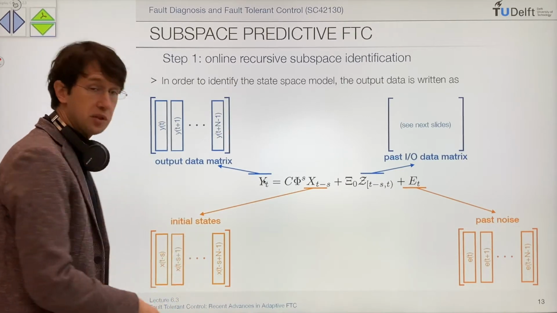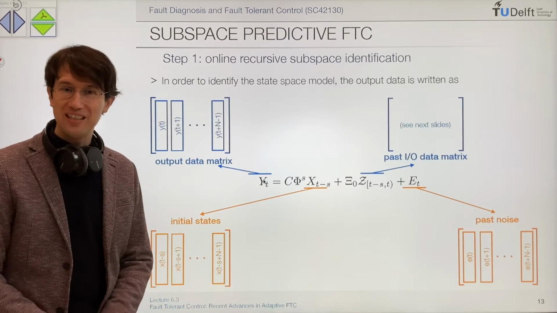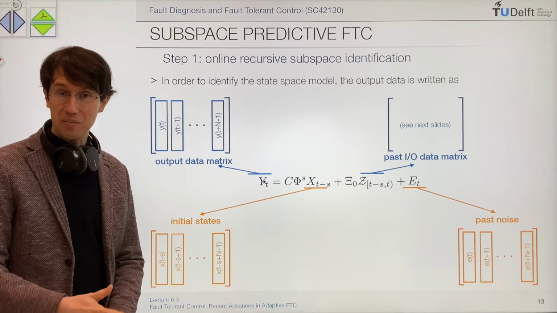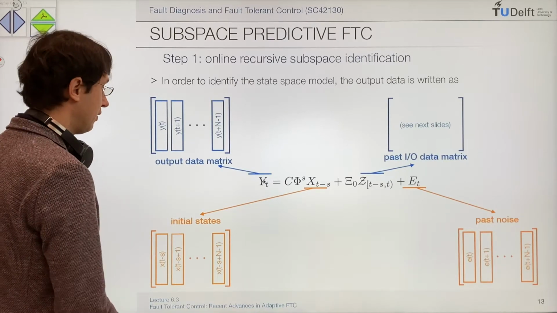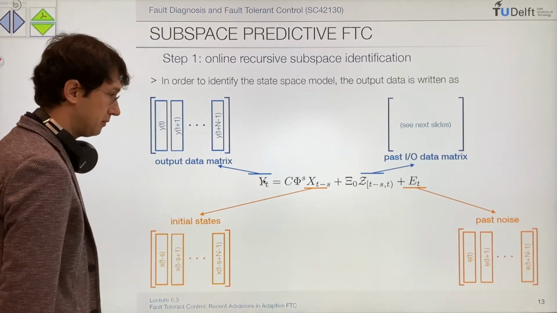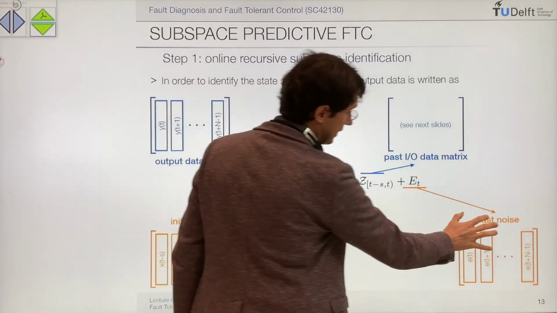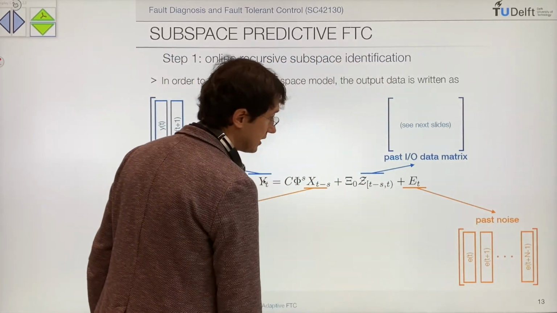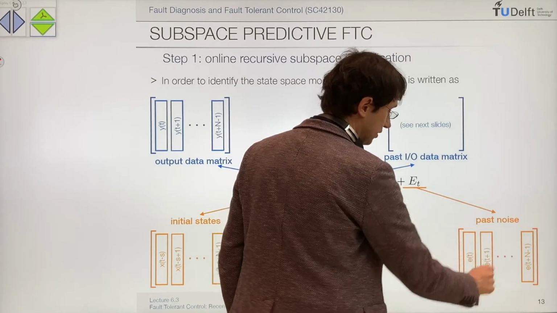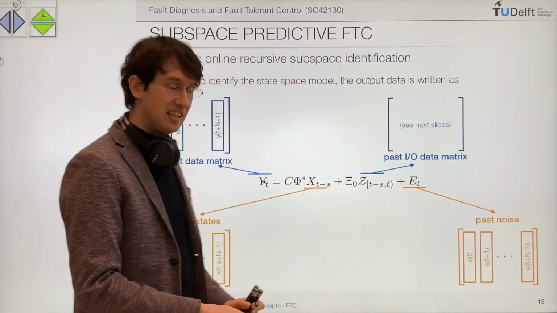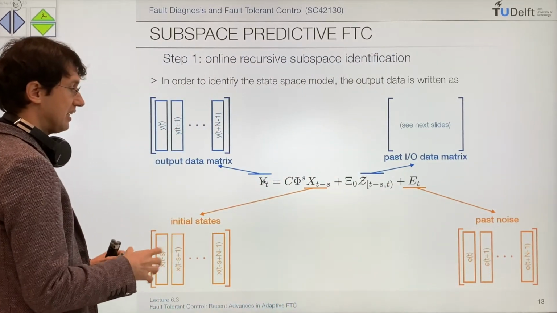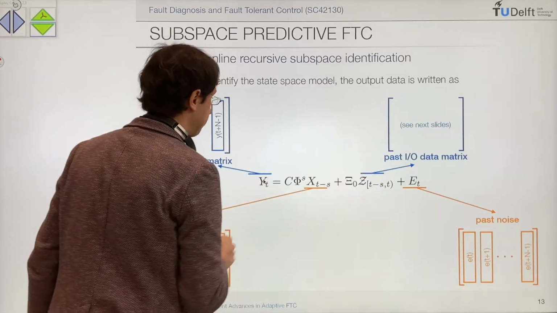And this is something that we don't know, because there is no way to directly measure the state, of course. We can only measure directly the output. Similarly, past noise data is something that we don't know. We don't measure it. So this adds uncertainty in this equation.